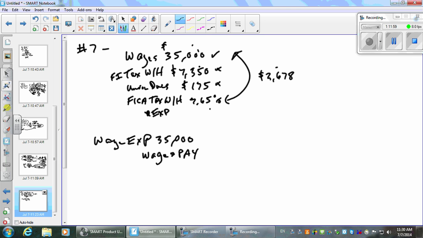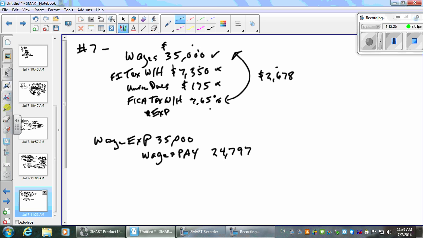So if you have employees that are over the limit, then you don't have Social Security tax. Yeah, okay. All right. So wages payable is going to be 35,000 less 7,350, less 175, less 2,678, isn't it? How much is that? What's the payroll going to be that we actually pay the employees? 24,797.